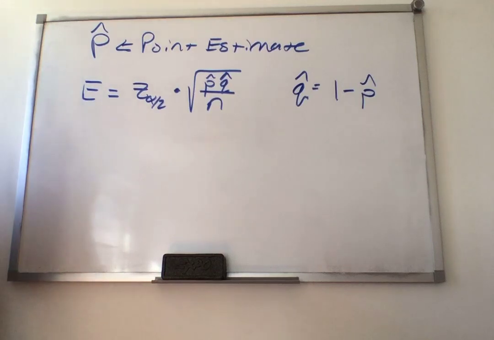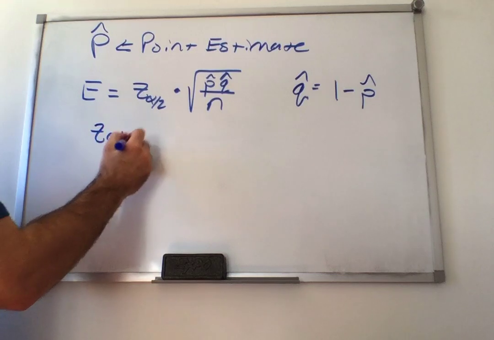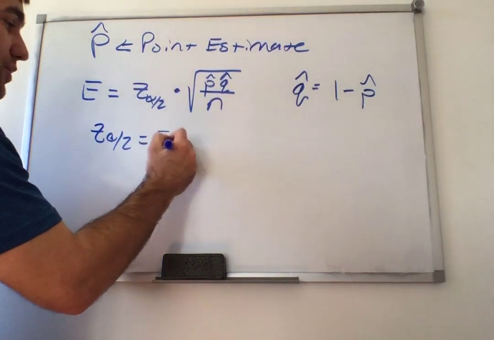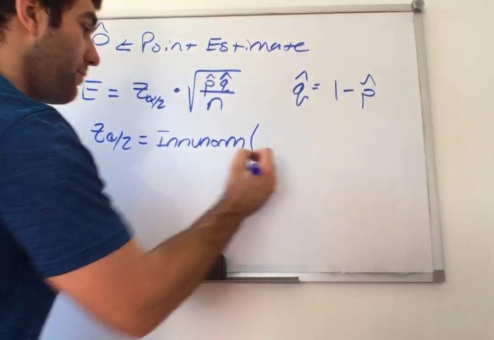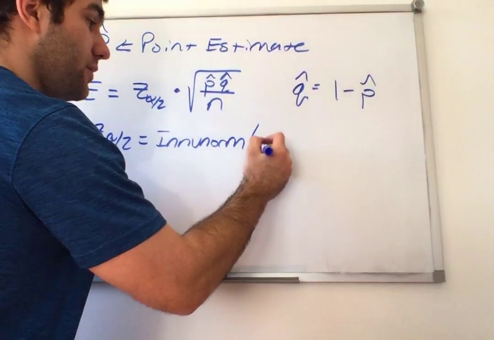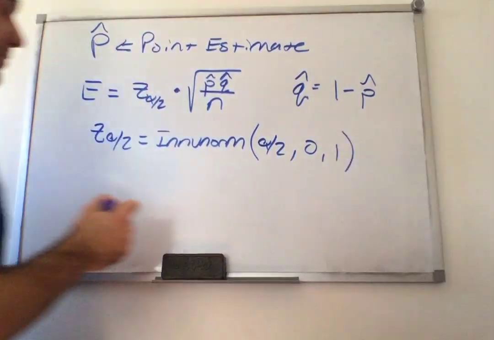Okay? Now, how to find z alpha over 2? Z alpha divided by 2 is equal to inverse norm of alpha divided by 2, comma 0, comma 1.